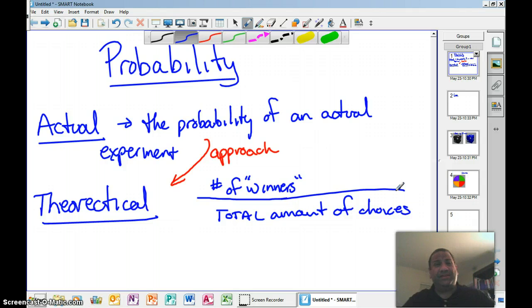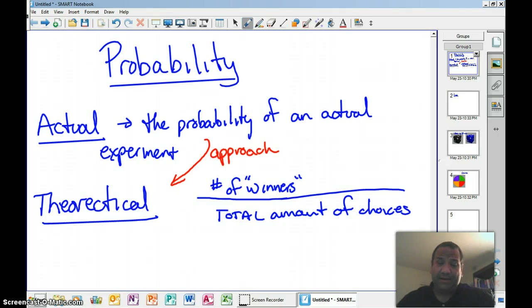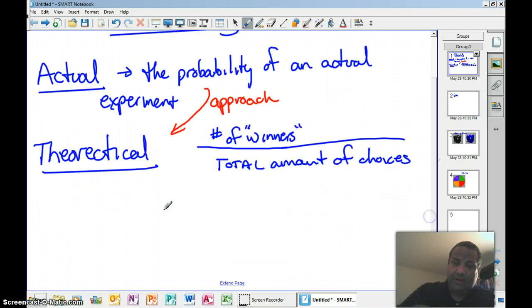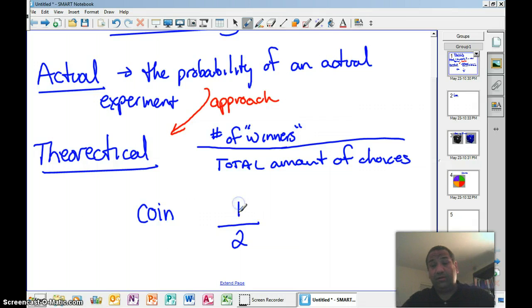All right, probability scares lots of teachers because I don't know if they understand it or don't understand it. It's a pretty easy concept. For example, in a coin, we have two possibilities. There's two outcomes. If you want heads, that's 1 out of 2. If you want tails, that's 1 out of 2. So for a coin, it's the number of winners, what you want, the head or the tail, over the total amount of choices.